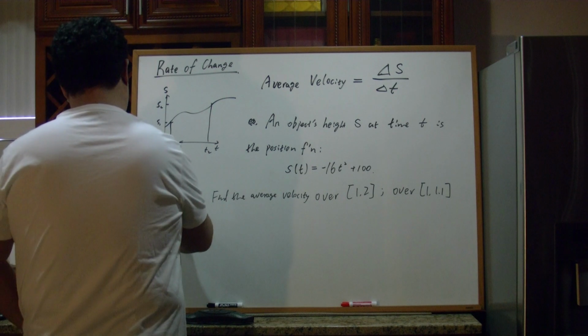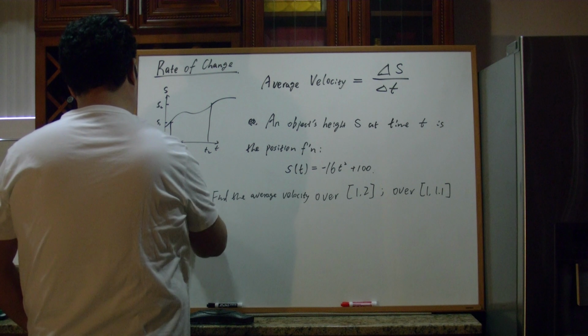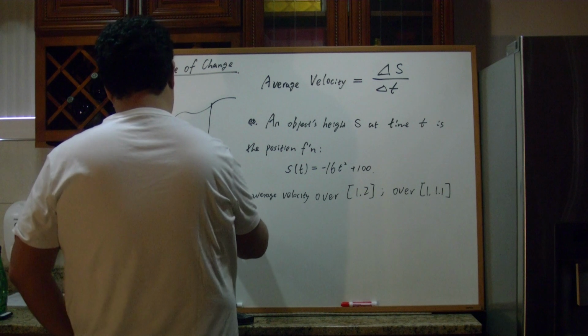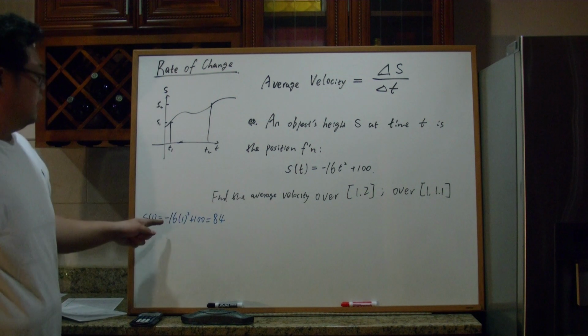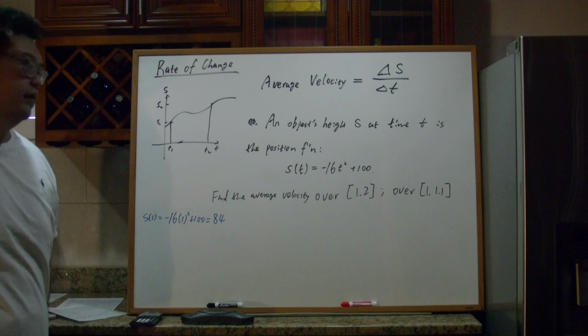S of 1: negative 16 times 1 squared is negative 16, plus 100 is 84.